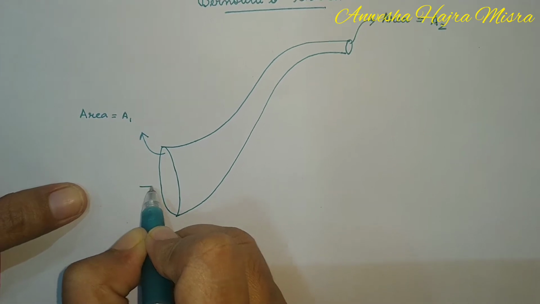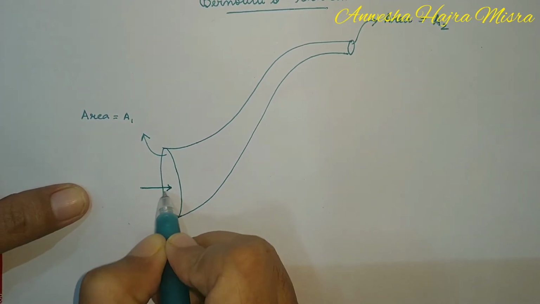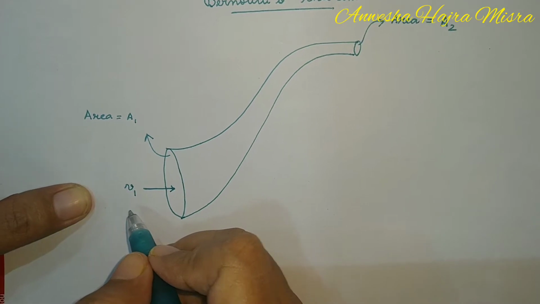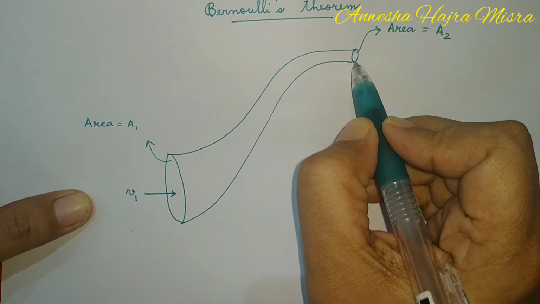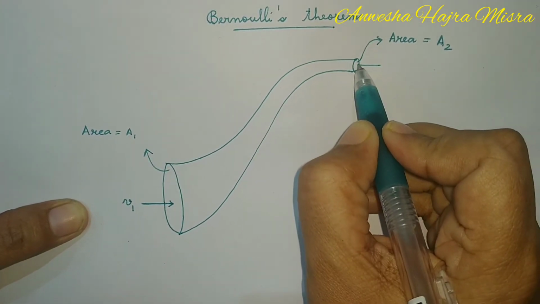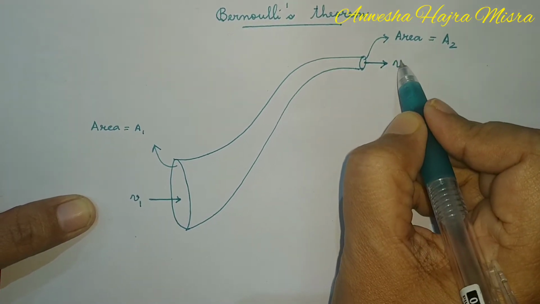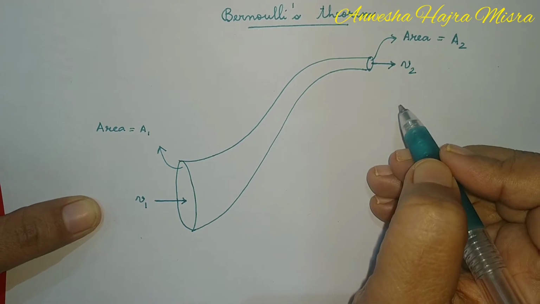Here the liquid is entering with a velocity v1, and here we know from the equation of continuity, as area decreases the velocity increases to v2.